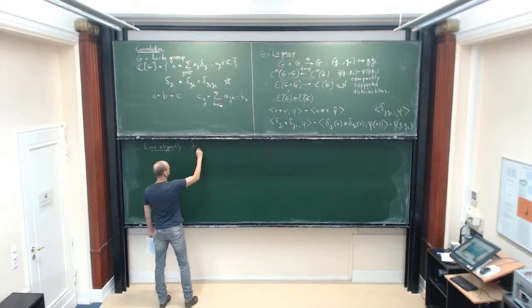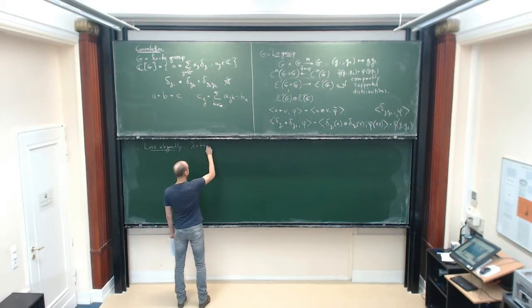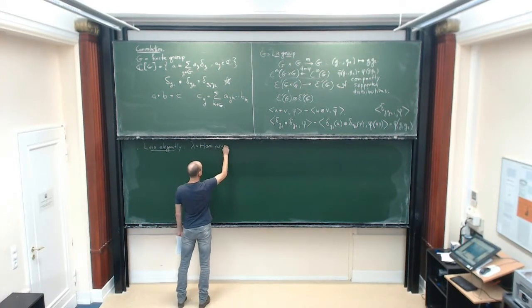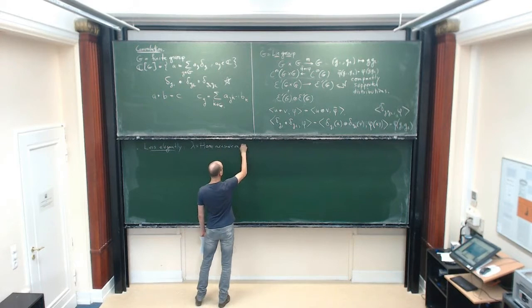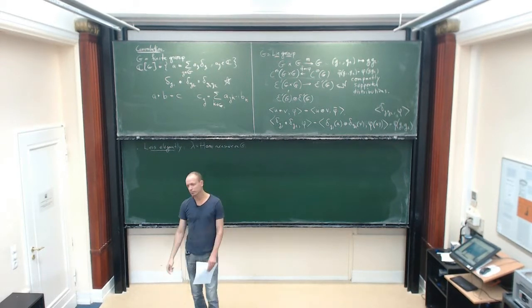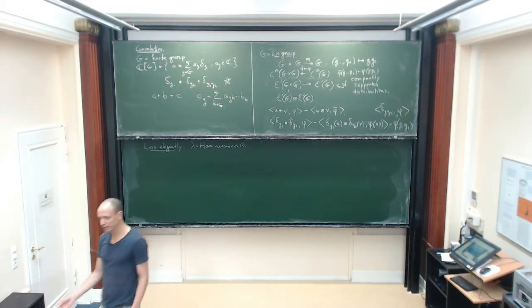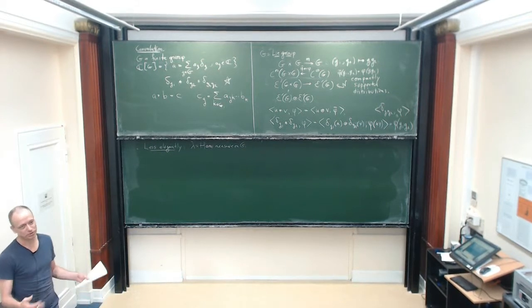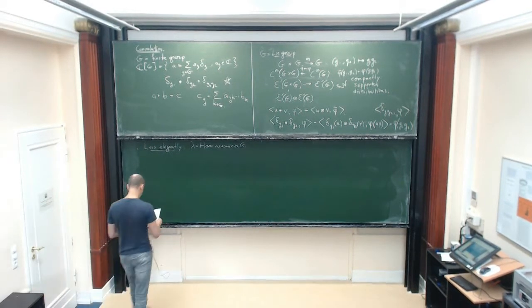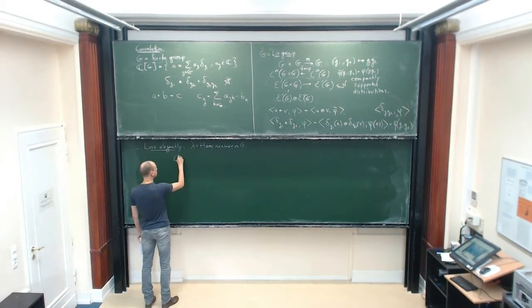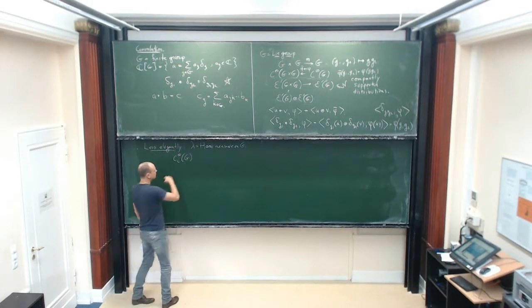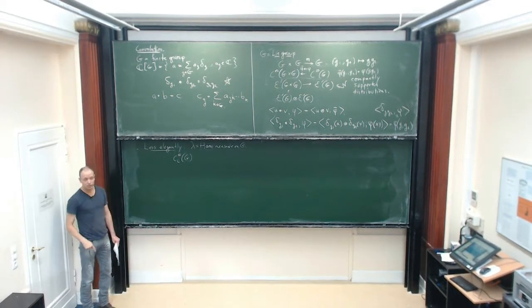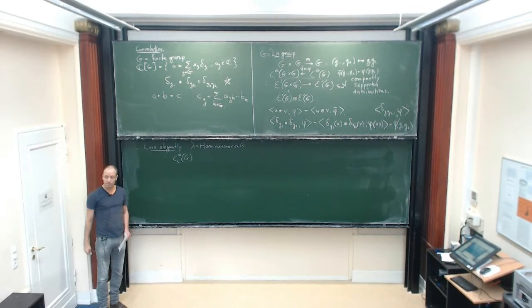So a less elegant way to do this is you pick a Haar measure, okay, and on a Lie group, that's not a big deal. It's unique essentially up to scaling, so it's almost like canonical. And then a compactly supported smooth function on G can be identified with a distribution because the measure is a distribution.